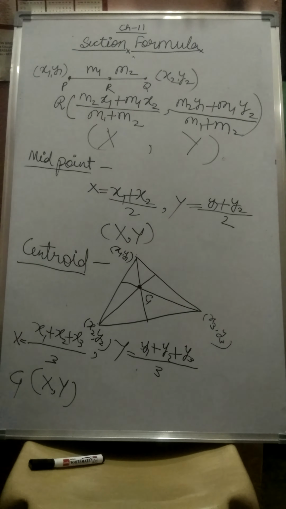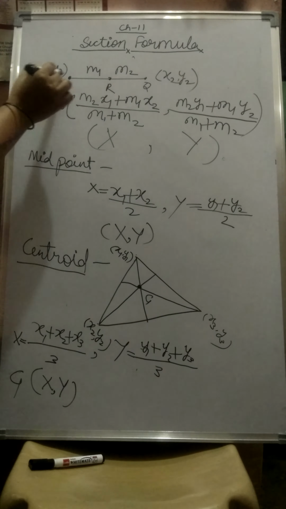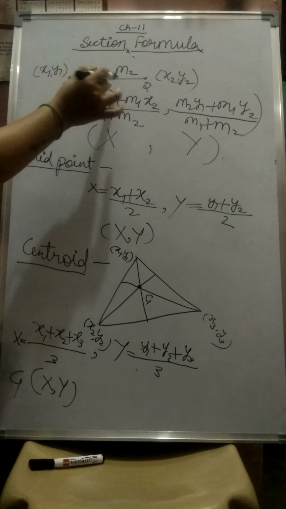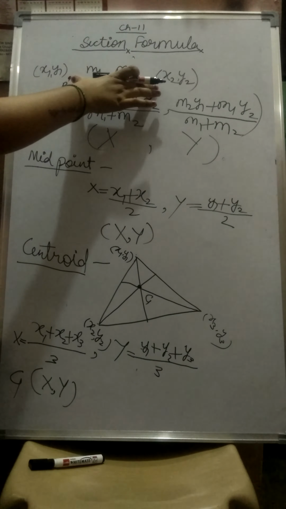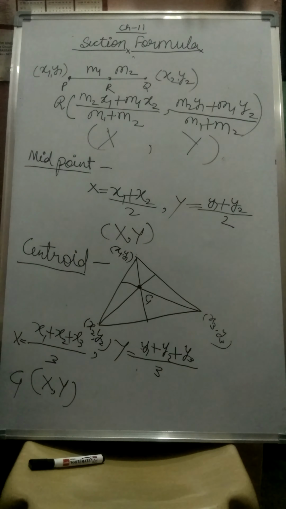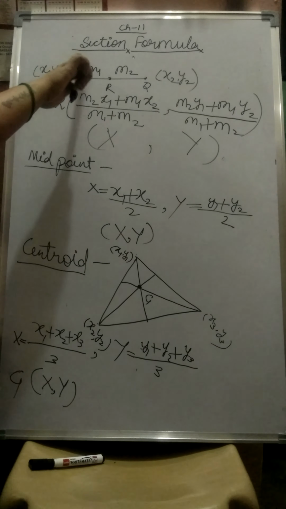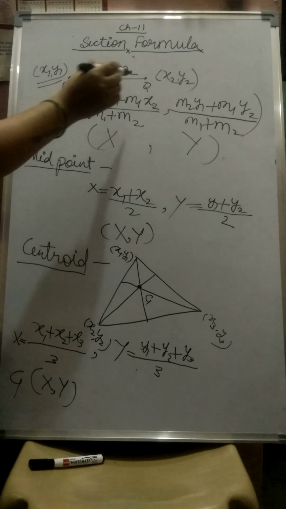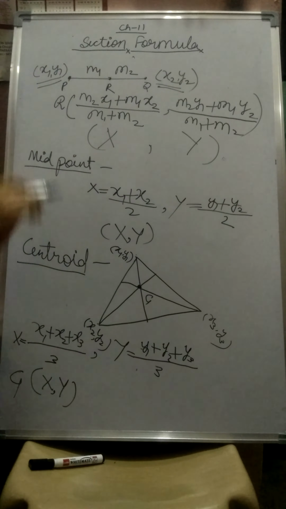Here we have the section formula. Section means parts. When a line is divided into a number of parts, for example, if it is divided into two parts, this is the line PQ, divided into two parts in the ratio m1 to m2. You cannot say at what ratio it is divided, so we say it is divided in the ratio m1 to m2. The coordinates of P and Q are x1, y1 and x2, y2.